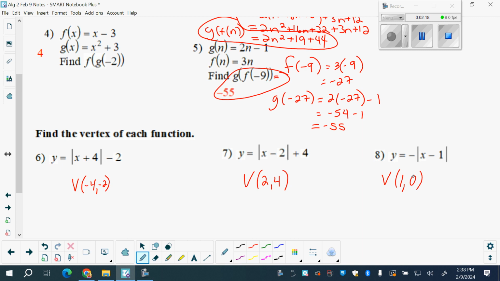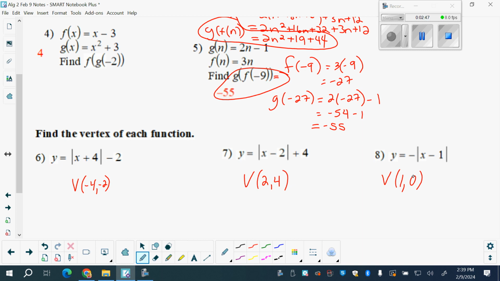You guys, a lot of you were thinking this was a parabola. Parabola, instead of an absolute value, would have an exponent of, what would the exponent be for a parabola? We haven't graphed any graphs with an exponent of, oh yeah, we did do some graphs with exponent of 4, yes.